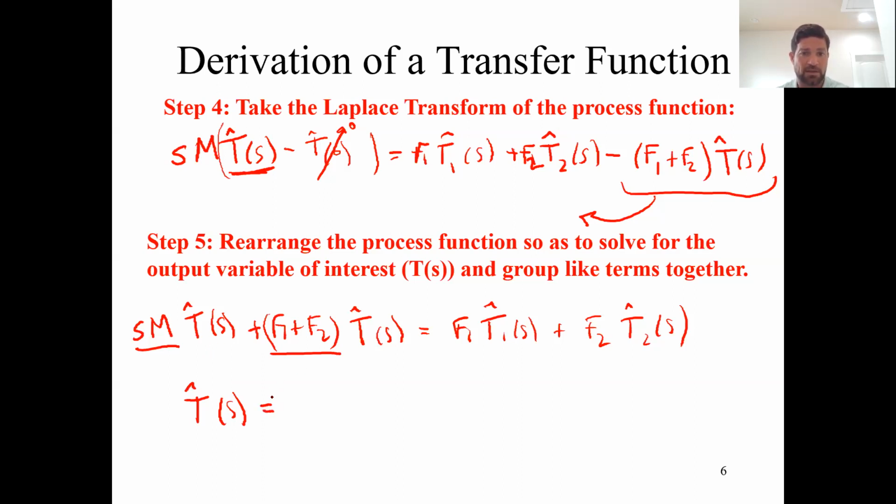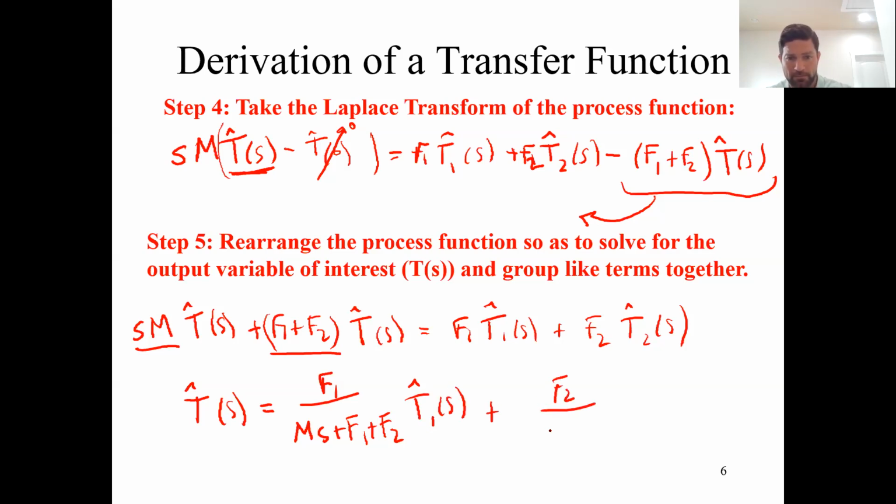So T hat of s is going to equal, I'm going to split up these terms, F1 over M times s plus F1 plus F2, times T1 hat of s, plus F2 over M times s plus F1 plus F2, times T2 hat of s.